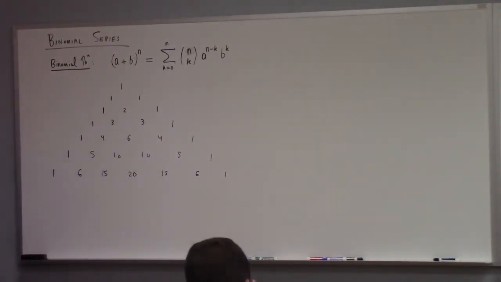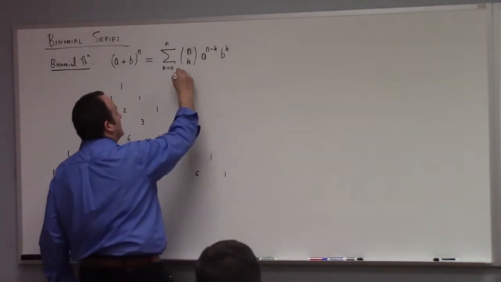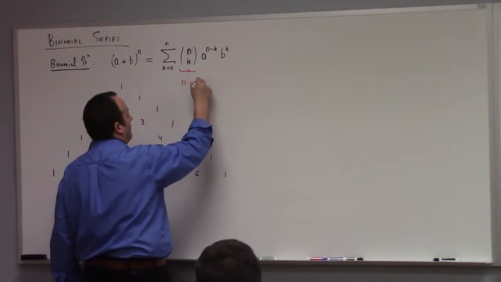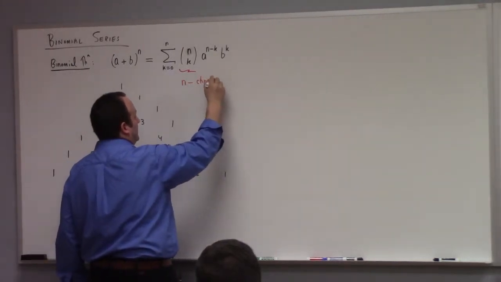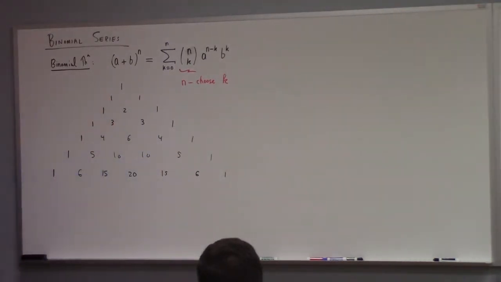So this, quote-unquote, n choose k is something you'll also study in another course, right? Your probability and statistics course, right? Some of you have done that? Is this at all familiar?